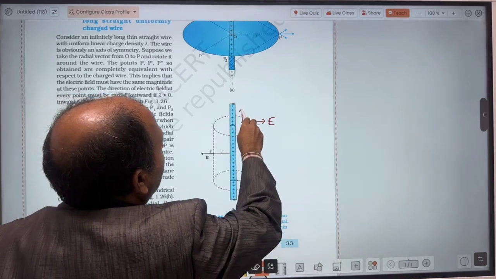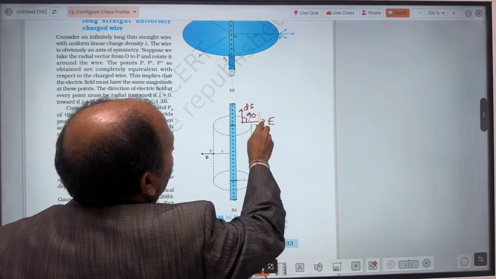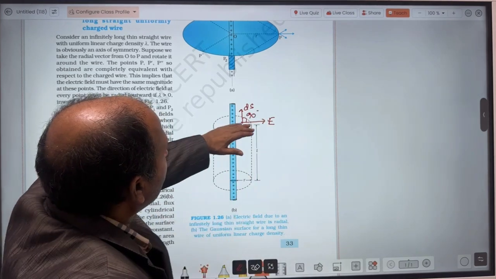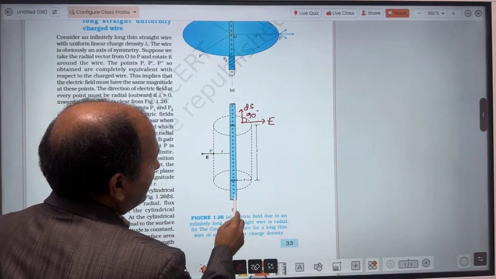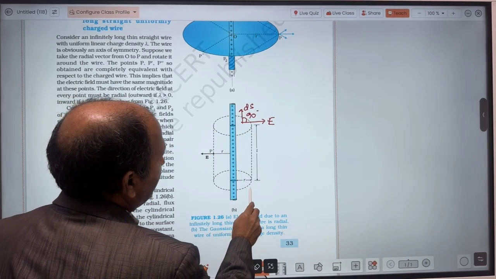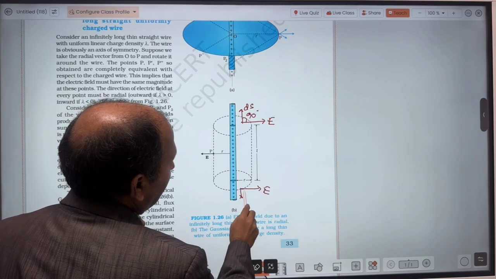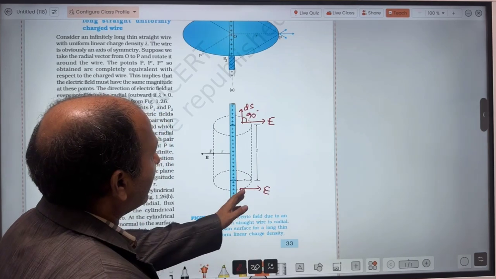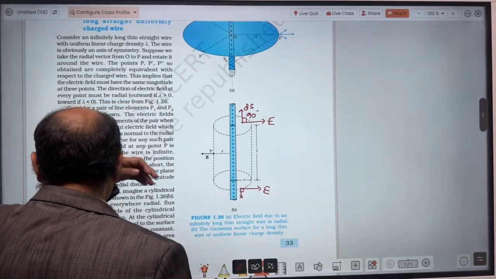So ds is here, so theta will be 90 degree. So the electric flux through this face will be 0. Similarly for this face, the same situation is there. The electric field will be in this direction, the area vector will be in this direction, theta will be 90 degree. So there is no flux. So in these two faces, there won't be any flux.